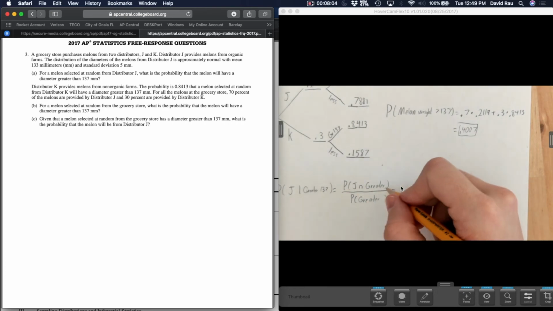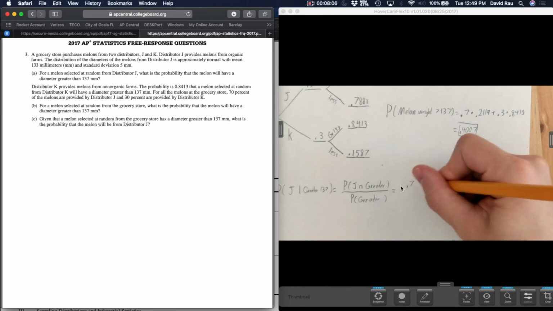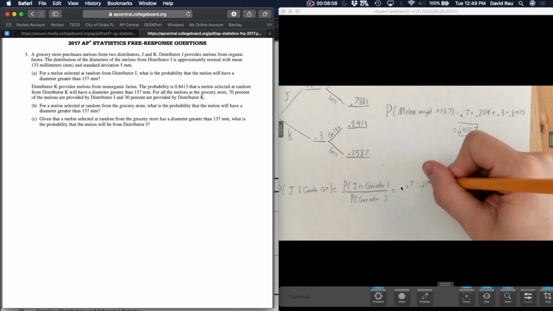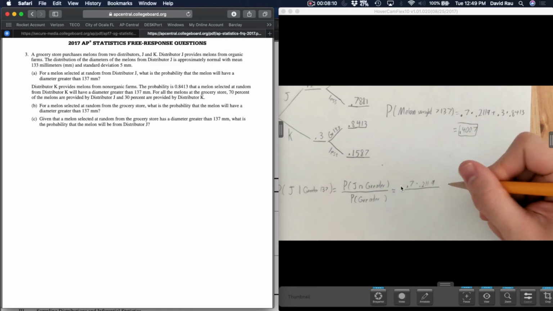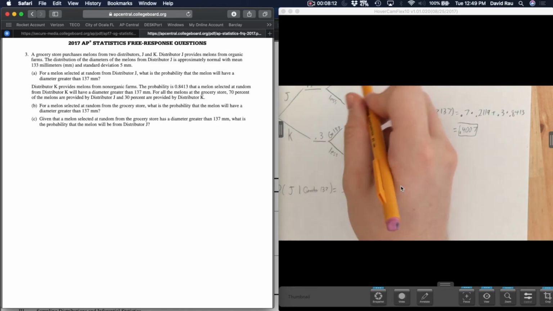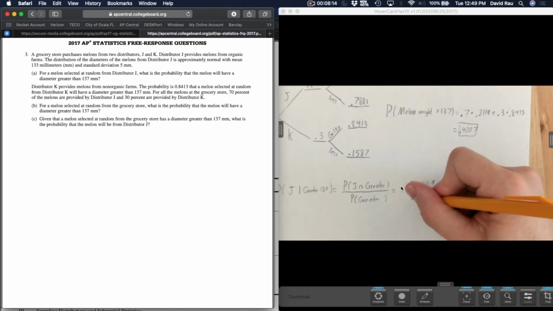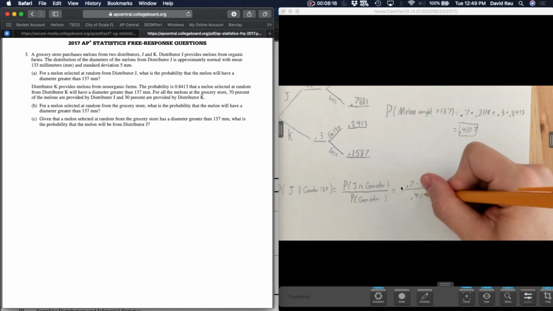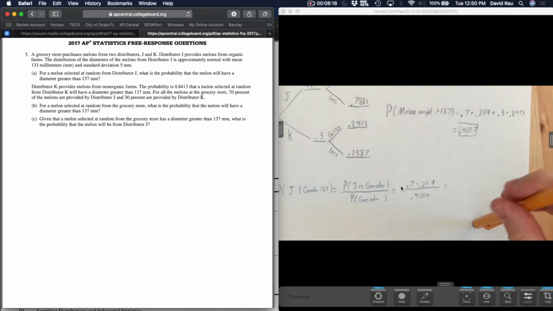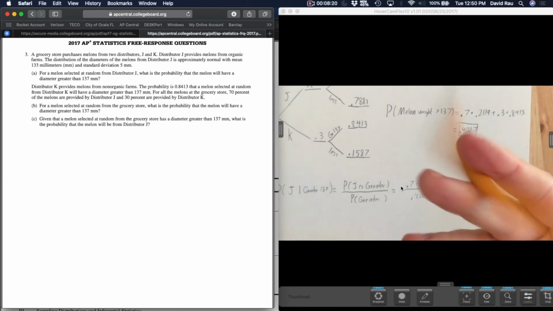Okay, so distributor J and greater is just 0.7 times 0.2119. That's J and greater divided by the whole probability, which is 0.4007. So we just calculated 0.4007.